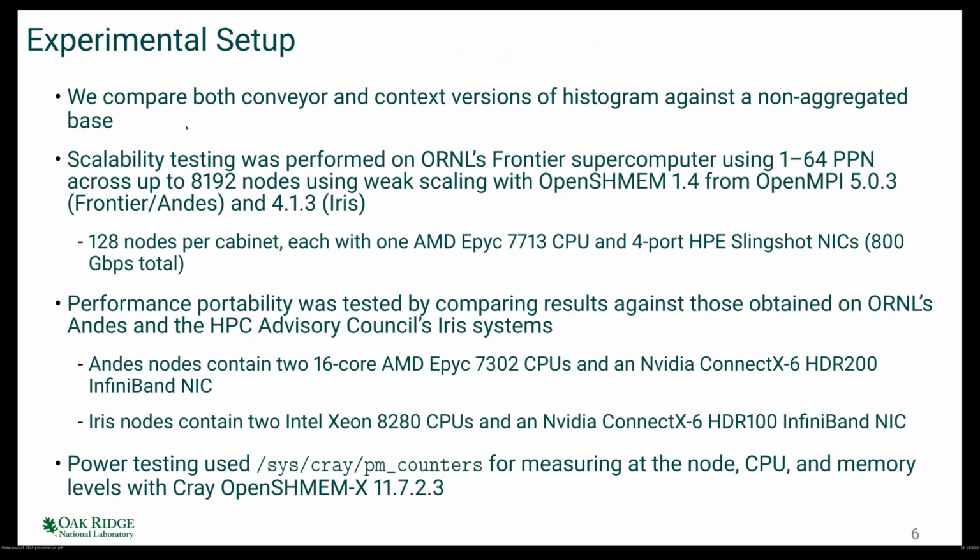One of the things that we've done recently is we wanted to see how this actually performs in larger situations. And by larger, I mean that we actually perform testing up to 64 ppn on 8,000 of the Frontier nodes using OpenMPI's implementation.